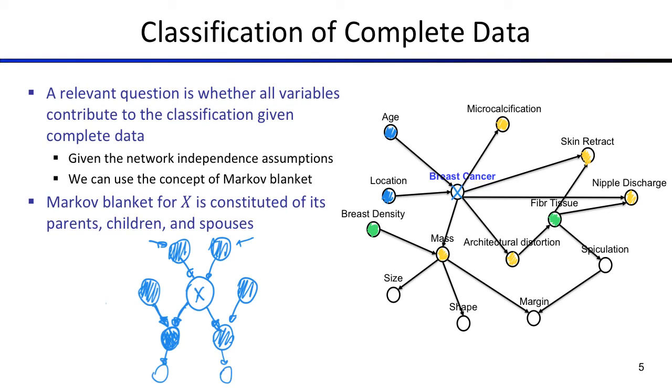So we see that given those variables, some other variables will not influence the variable x. We're going to see that the information about size, shape, margin, and speculation is not going to be used. Some variables will not be considered.